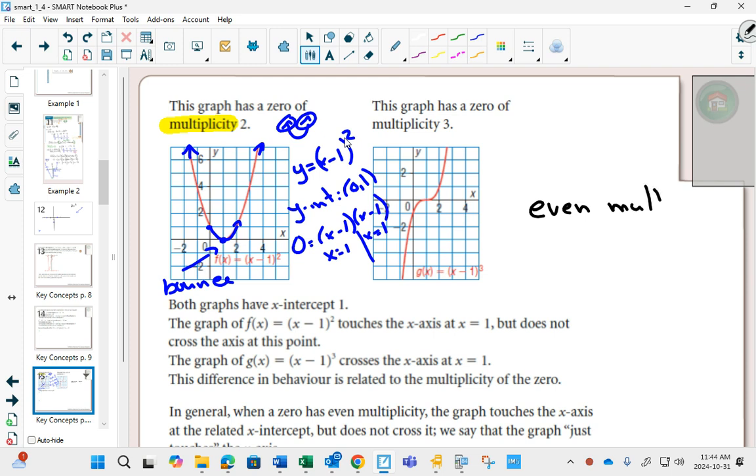That if you get a multiplicity that is even, wow, I did not spell that even close to right. Multiplicity. Whew. If you have a multiplicity that's even, something that happens twice, or 4 times, or 6 times, or 8 times, etc., the graph bounces at the x-intercept.